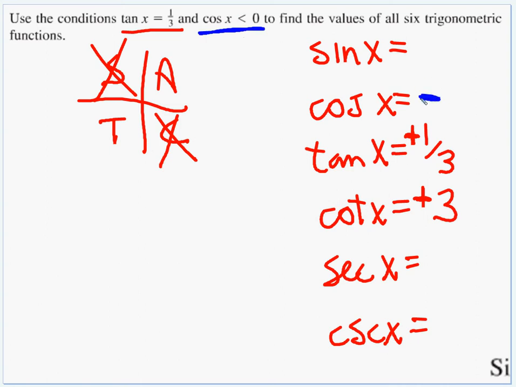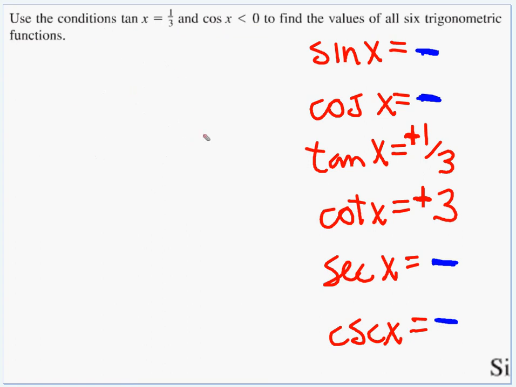So I can go over here now. I know cos is negative. That means its reciprocal secant will also be negative. And if tan is positive, that means we are not in quadrant 2. So we can also say, well, sine has to be negative. Cosecant must also be negative. Okay, so we've got these 2 in the middle. We want to expand that to all other 3.